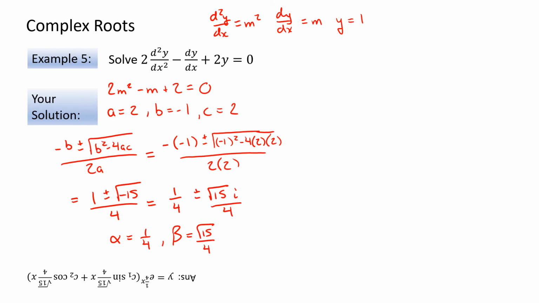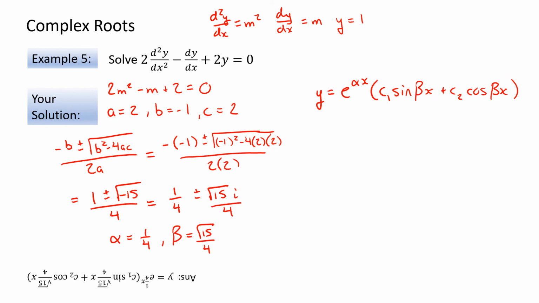So knowing these, remember our basic form of our formula, y is equal to e to the alpha times x times c1 sine of beta times x plus c2 cosine of beta times x. It doesn't matter if you put cosine or sine first, or if you have c1 cosine and c2 sine, because those are just constants, so keep that in mind.